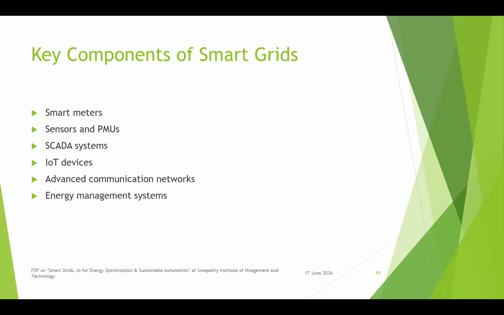Then the sensors and phasor measurement units, PMUs. PMUs are used for continuously monitoring grid parameters like voltage, how much current is taken, the frequency, and the phase angle.